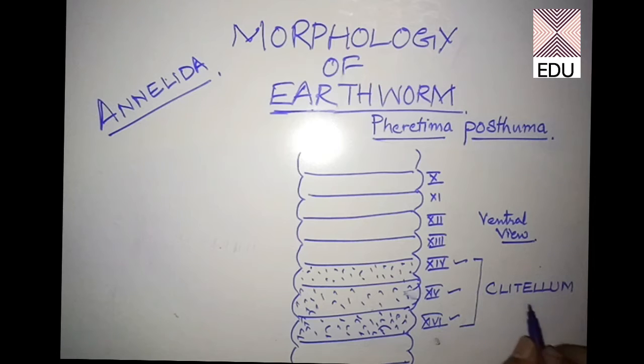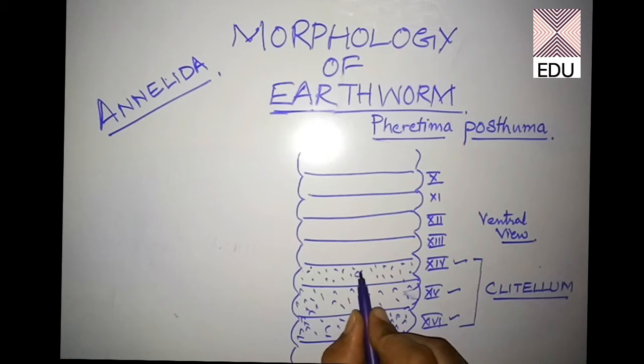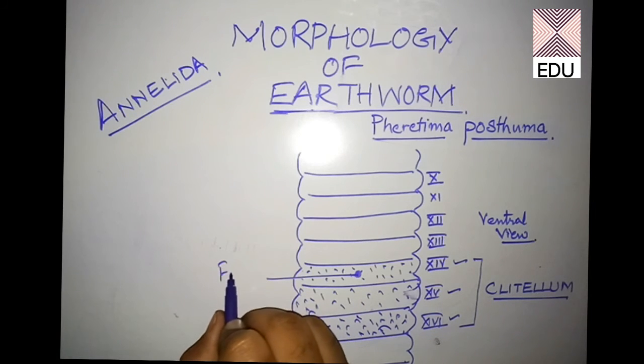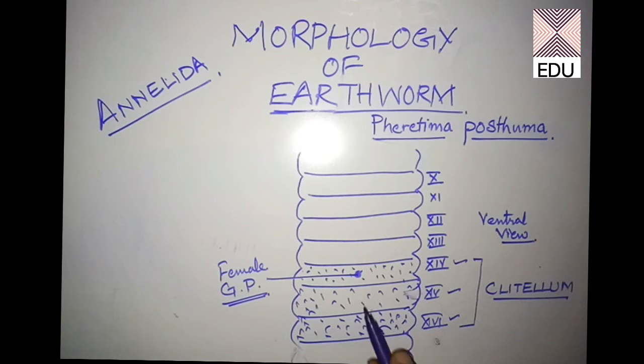If you find any earthworm in the soil and see a clitellum on 14, 15 and 16, it is a dead sure identification feature. On segment number 14 we have a single pore in the center, and this is the female genital pore. This is a very peculiar morphological feature.